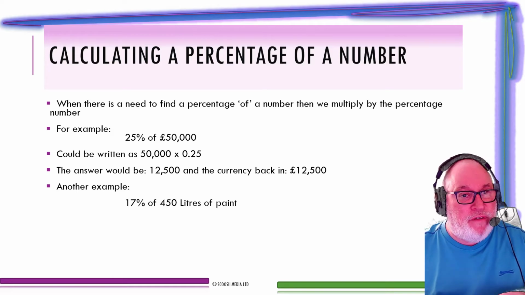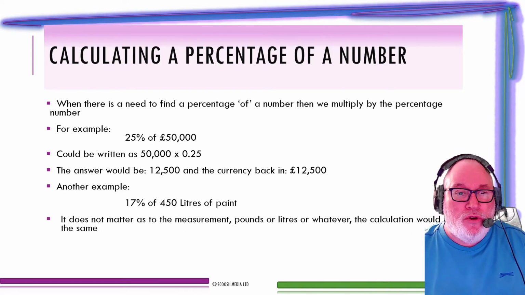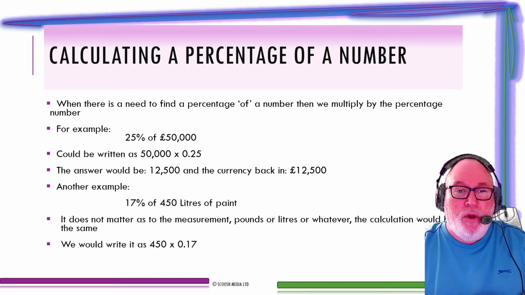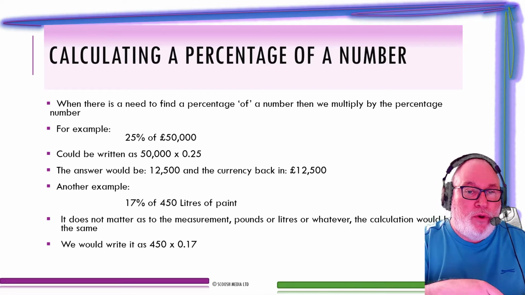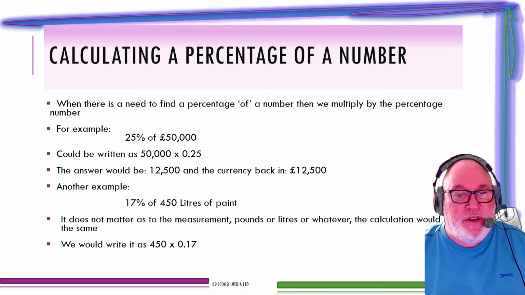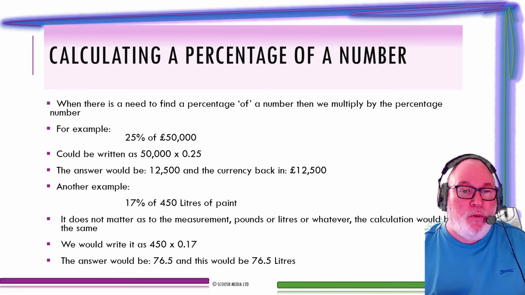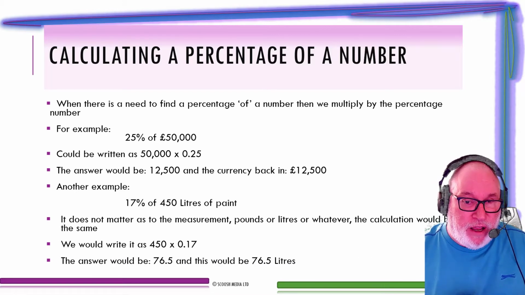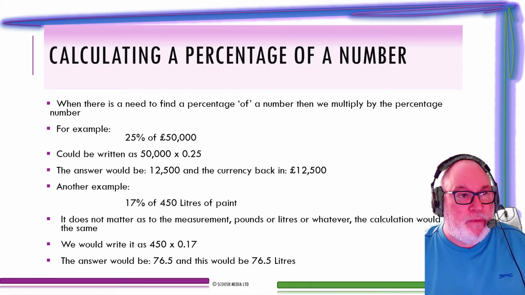We write it as 450 times 0.17. Remember, 17%: move the decimal place, divide by 100, 1, 2, gives us 450 times 0.17. The answer would be 76.5. Then we put the measurement back in, litres.